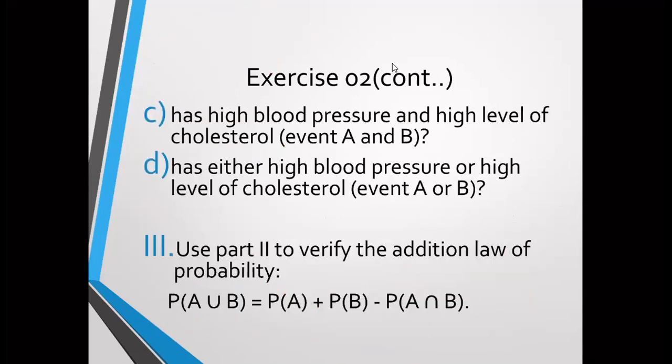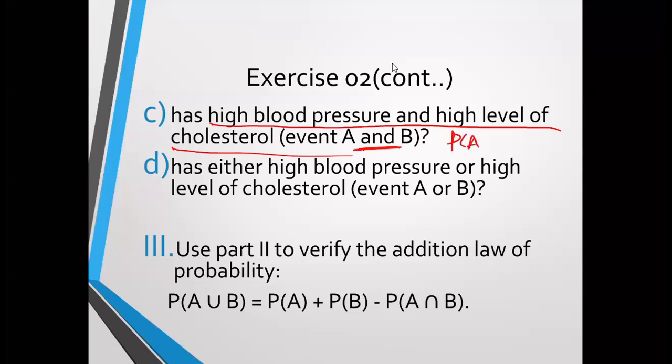Right. Now, next question. The probability that he or she has high blood pressure and a high level of cholesterol. You are given a hint as well. Now, the probability that he or she has both diseases, high blood pressure and high level of cholesterol, means it's related to the common region, the intersection part, event A and B. So how can we find that probability?